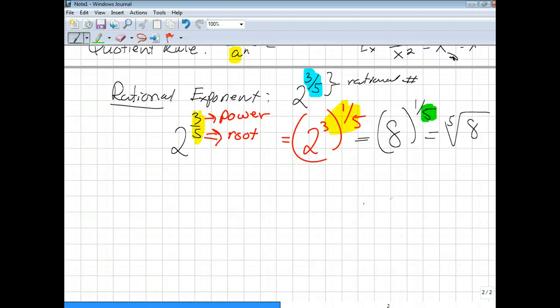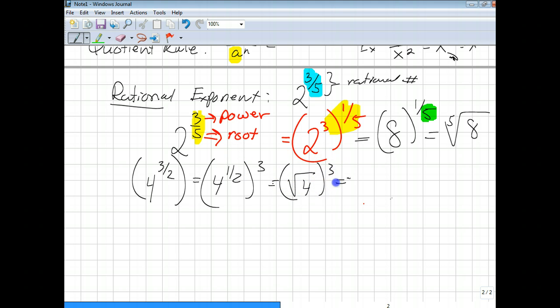Now notice that it doesn't matter what order we do it in. So for instance, if I have 4 to the 3/2, well, I could do 4 to the 1/2 cubed. Well, the 1/2 means square root, so that's the square root of 4 cubed.